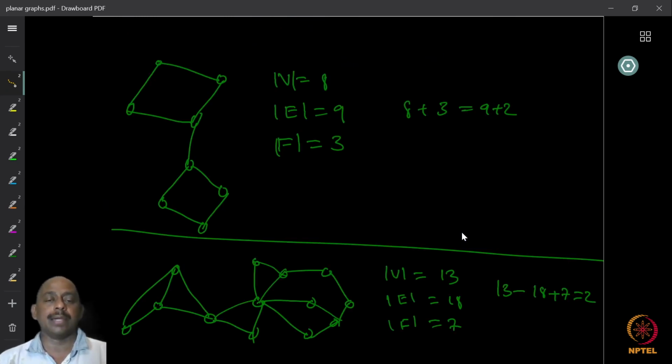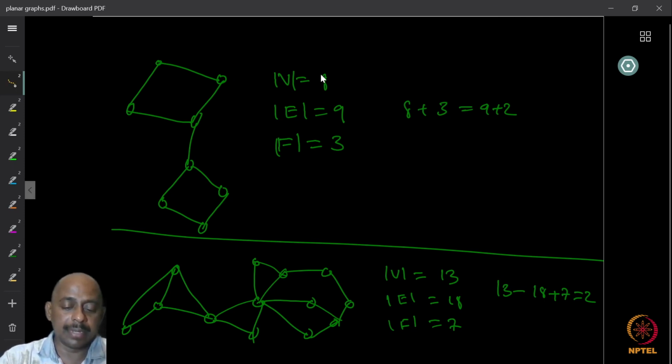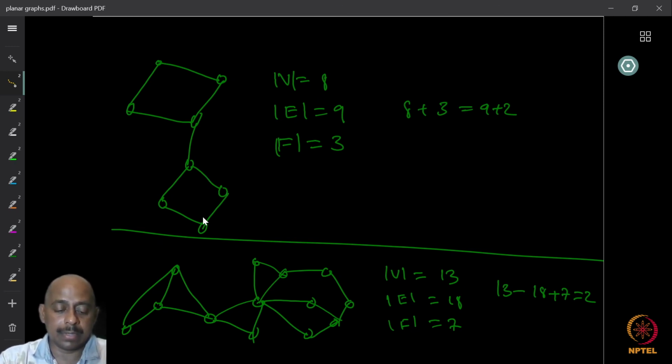Then take any planar graph and look at the embedding and the number of faces. If you take a graph like this, it has 8 vertices, 9 edges, and exactly 3 faces.